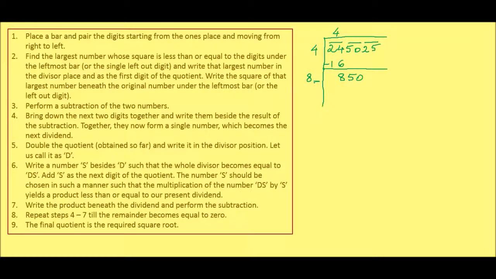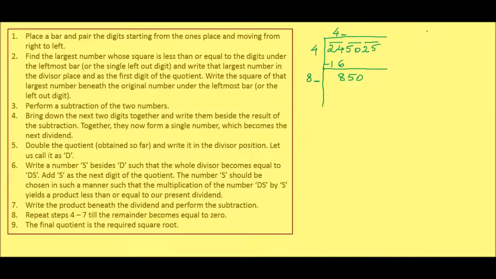Whatever we add over here, we have to write the same digit over here as well. This will become the next digit of the quotient. The number S should be chosen in such a manner that the multiplication of the number DS by S yields a product less than or equal to our present dividend.